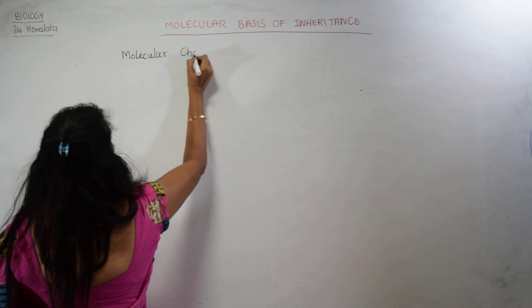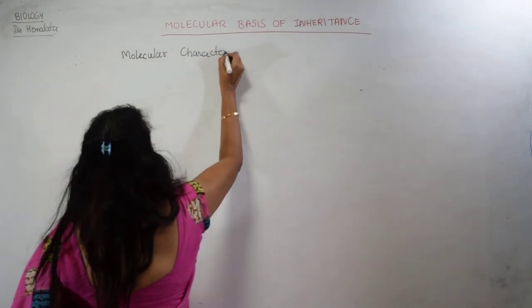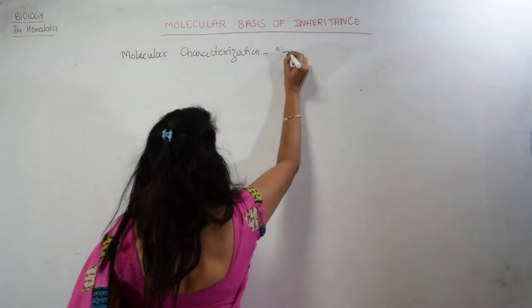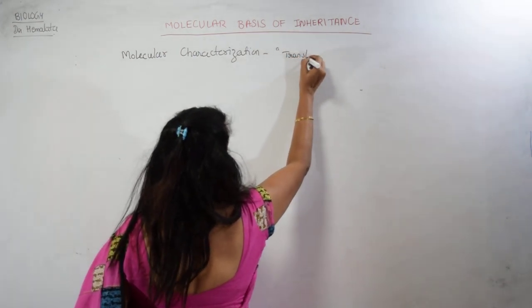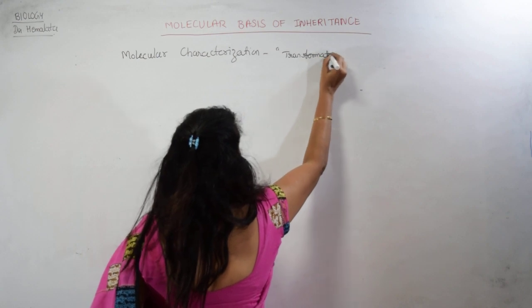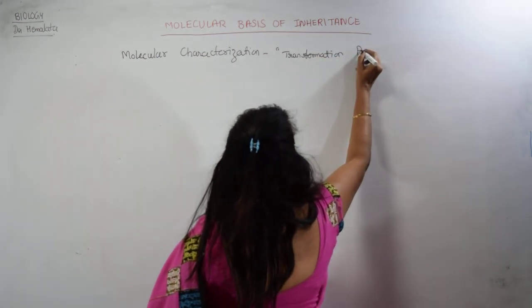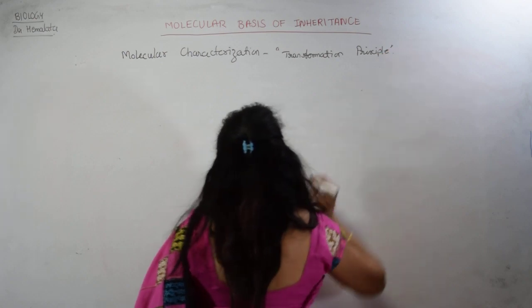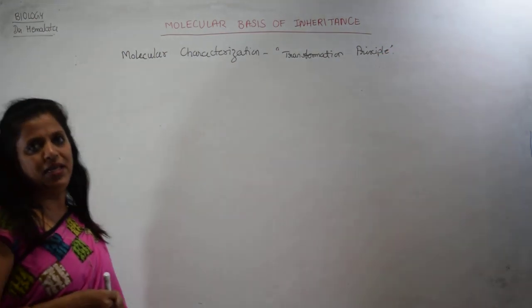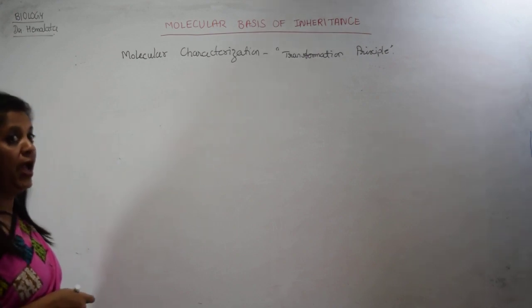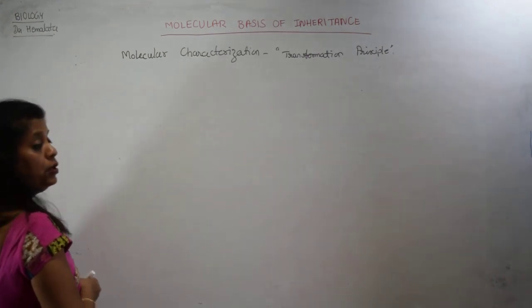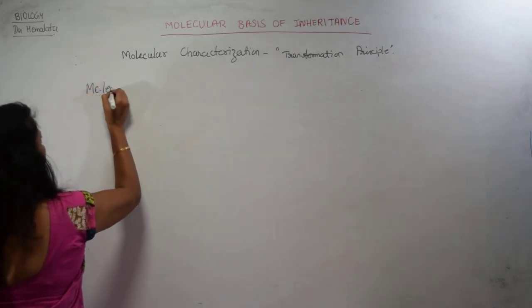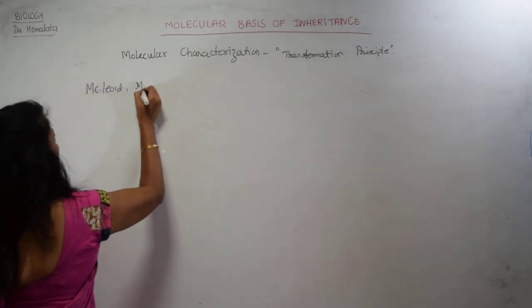Molecular characterization of what? Of the transformation principle. Whatever he called the transformation principle, what exactly is it on a molecular basis? That was done by Avery. Before Avery, there were two different scientists, MacLeod and McCarthy.